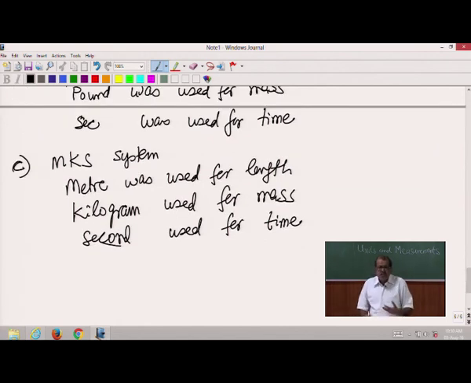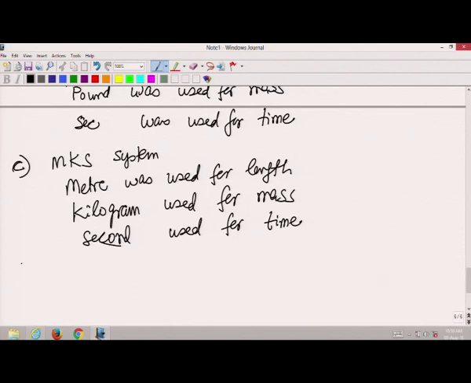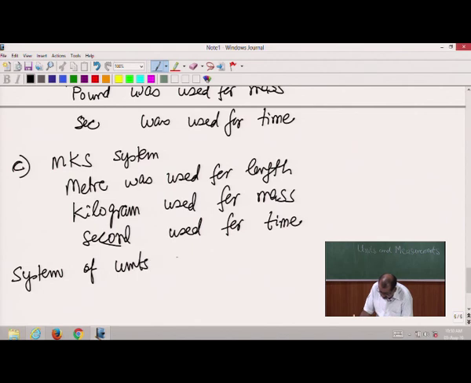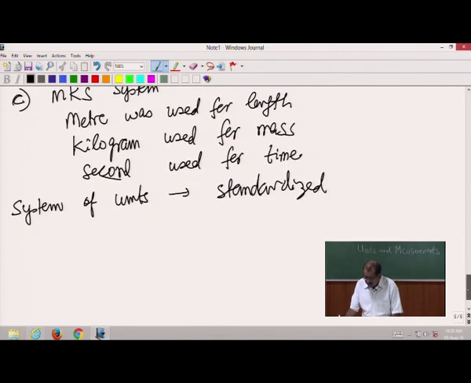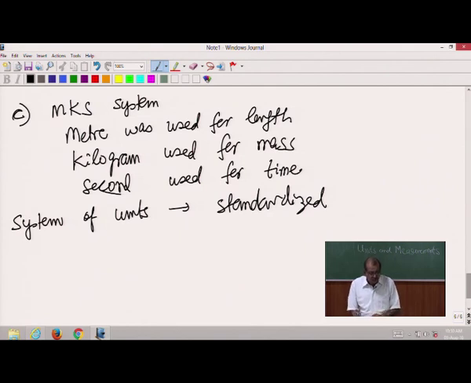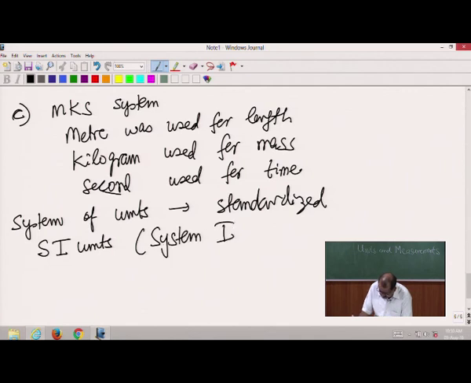Now, since the 1970s, the system of units which has been standardized in most parts of the world, I am saying most parts because we still have some countries which use other units, is what we refer to as the SI units or system international units.